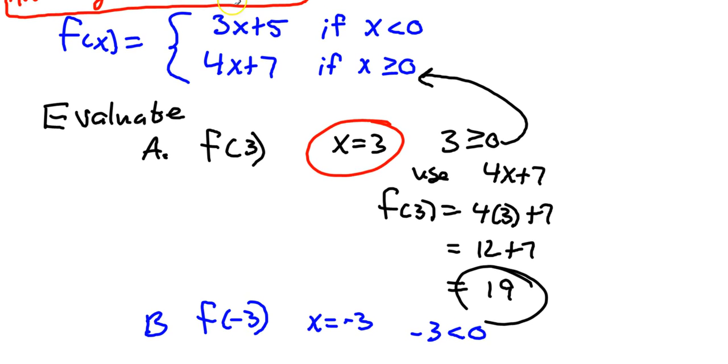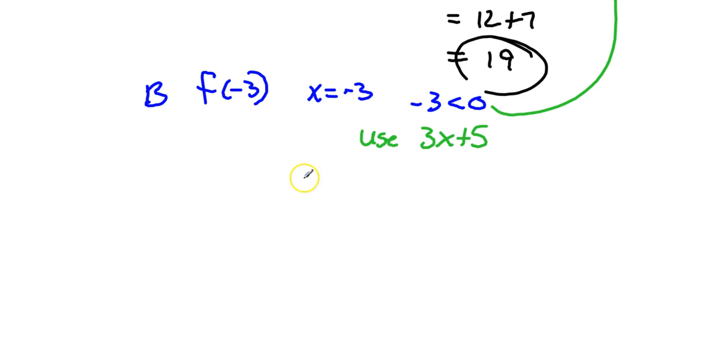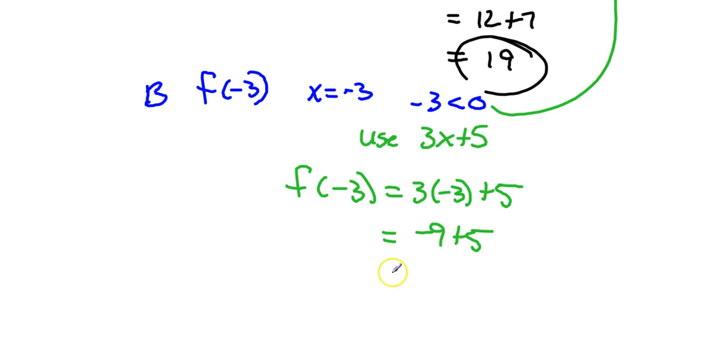So that means for that particular one, we're definitely in there, so we're going to use the 3x plus 5. So when we do f of negative 3, it's going to be 3 times negative 3 plus 5. So that's negative 9 plus 5, and there's your negative 4.